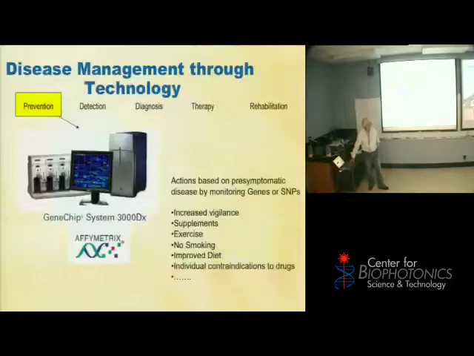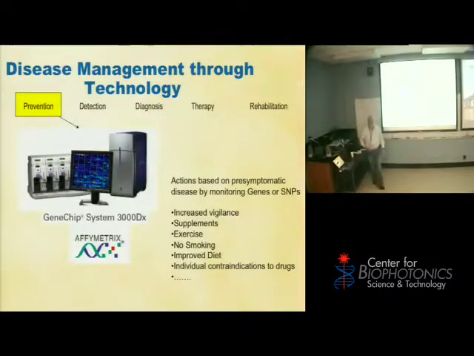And one of the things I wanted to tell you about, just in ending here, was this whole idea of doing prevention of disease by determining something about your genotype to begin with. So Affymetrix makes these gene chip systems. This is biophotonics based, by the way.